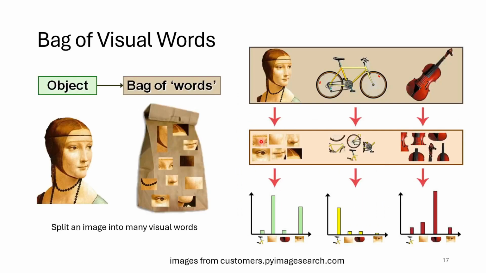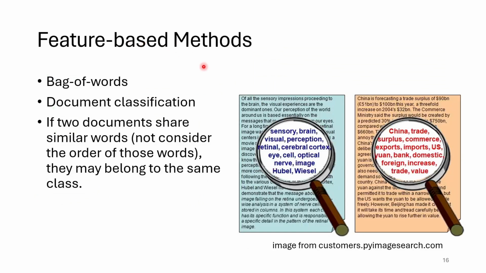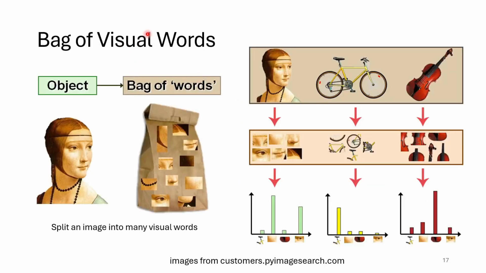So they developed a method called bag of visual words. The only difference is one is the text word and another is the visual word. Given an object, if I can extract some key points from the object and treat them as a bag of words, then given an image or a few objects, I extract those key points or components.